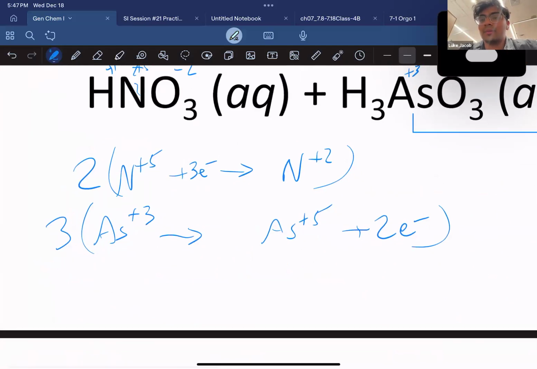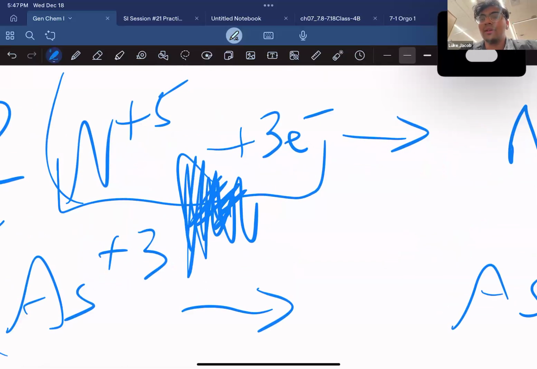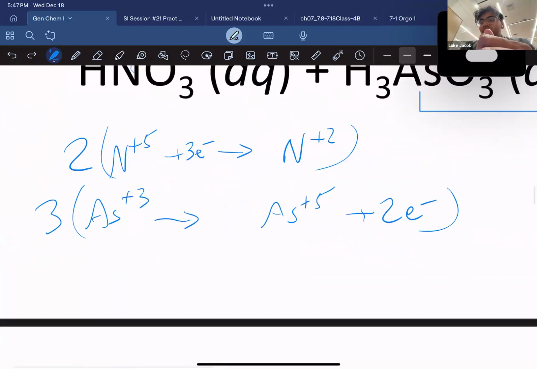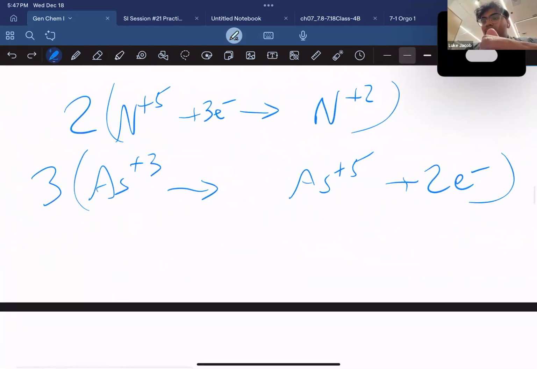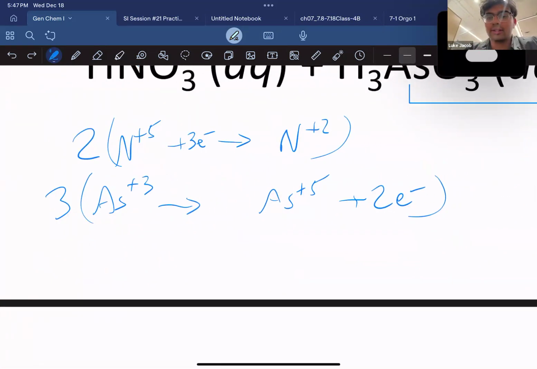And so from there, what I like to do is show this is a gain of electrons. When something is reacting with something, they're combining to gain, right? And when something's being released, it is on the product side, right? That's because it's being oxidized. Oxidized is a loss of your electrons, right?